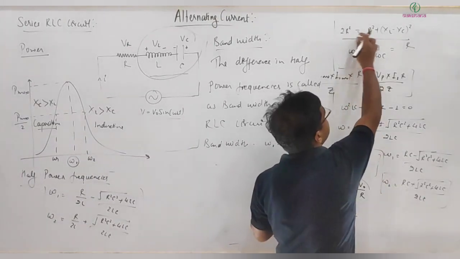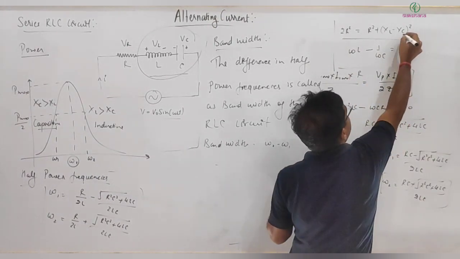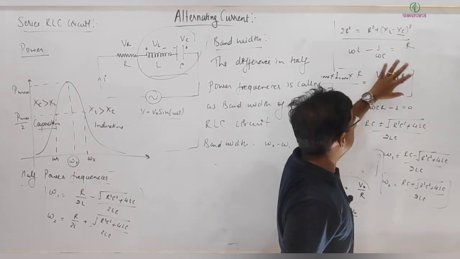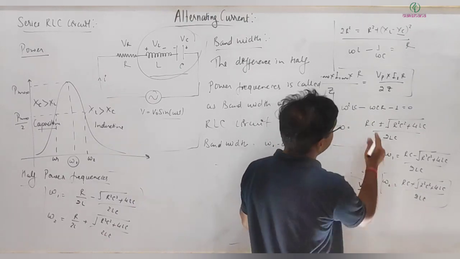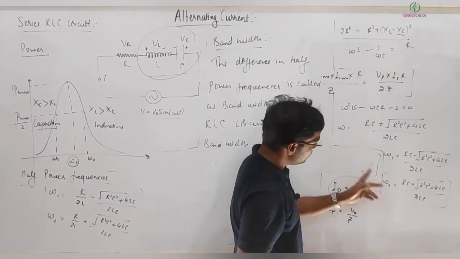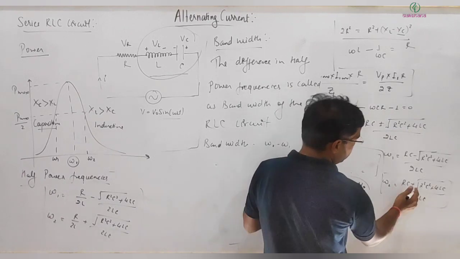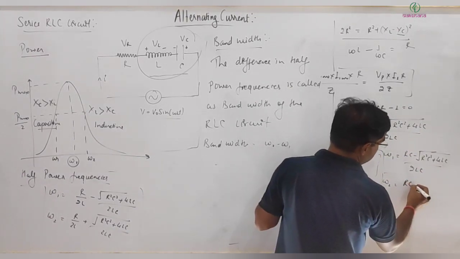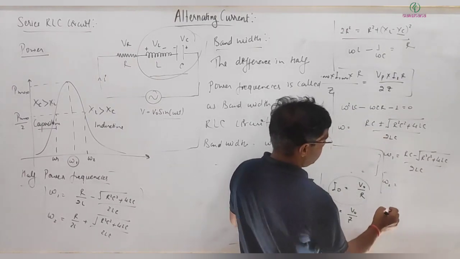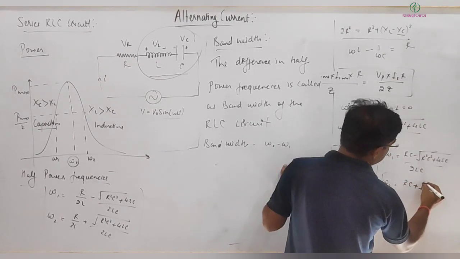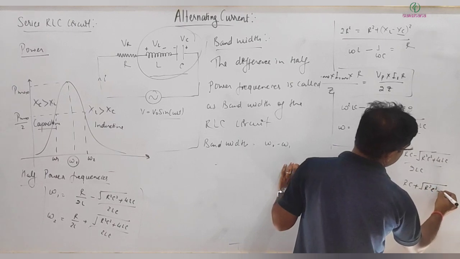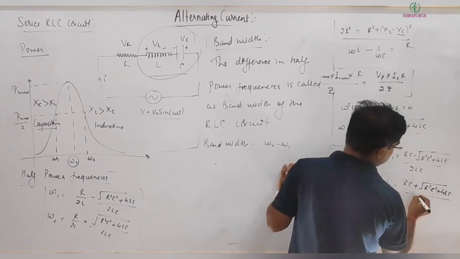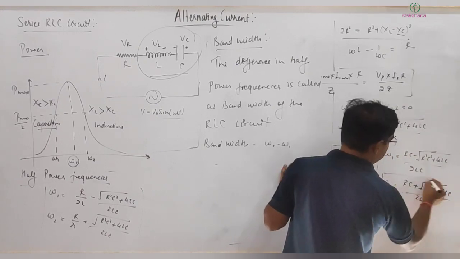If I'm using XL minus XC, then the higher one is omega 2, and we get omega 2 equals RC plus under root R square C square plus 4LC, divided by 2LC. This is correct.